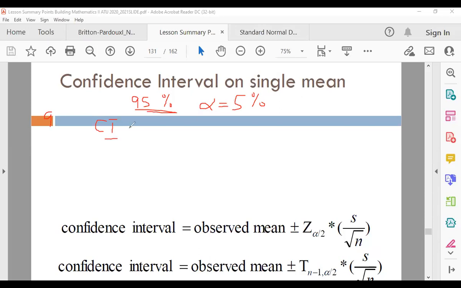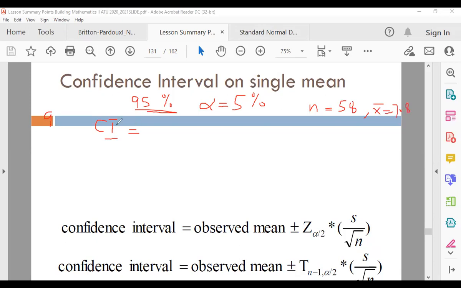Good. So if I ask you to create a CI on, for example, the claim that was made by the MTN company, where N was equal to 58, where the sample size was large, and we were told that the sample mean was 7.8, from that example.